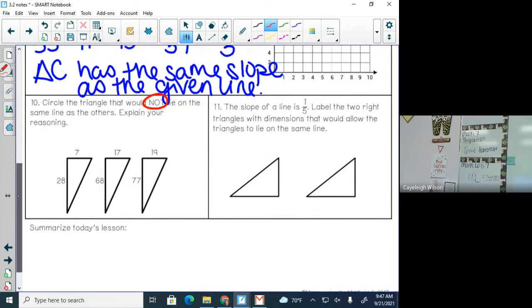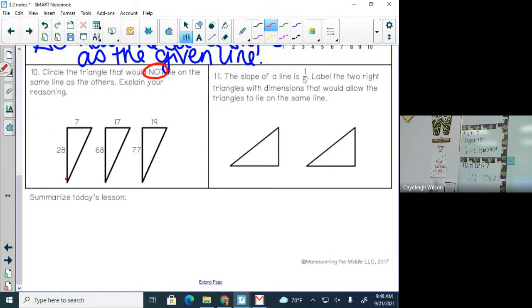All right, so the rise over the run. So 28 divided by 7. What's 28 divided by 7? 4. 68 divided by 17 is 4. So that's how we know it's this one, because that's the one that would not be, because those are both 4. Quiet.